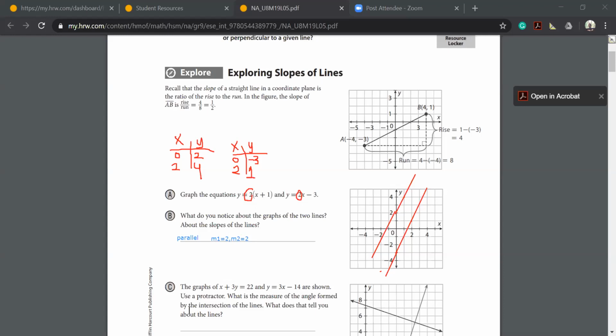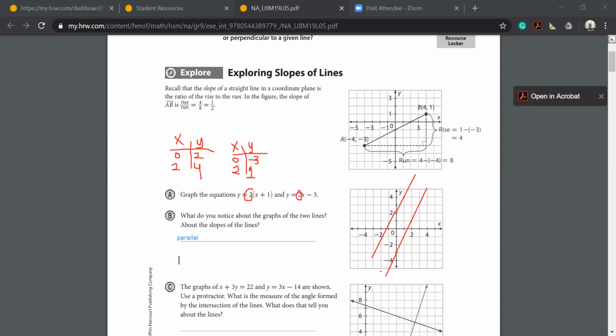In other words, when he gives you 2 lines and you are required to write the equation, and you don't know anything about the first equation, but he is telling you that the second line is parallel to the first line, whenever you hear this word parallel lines, their slopes are equal.